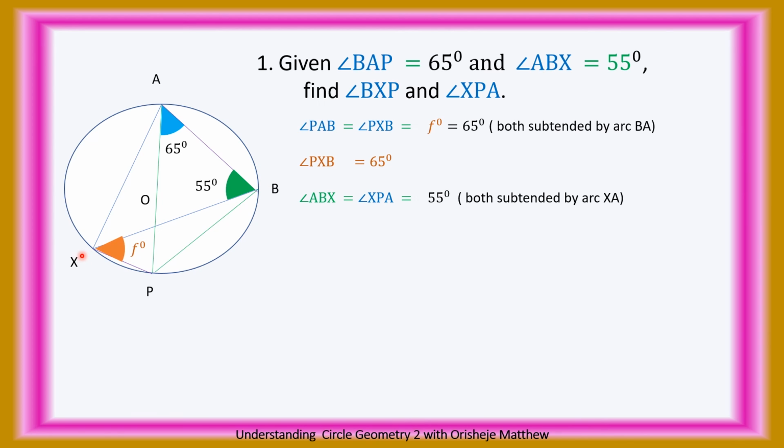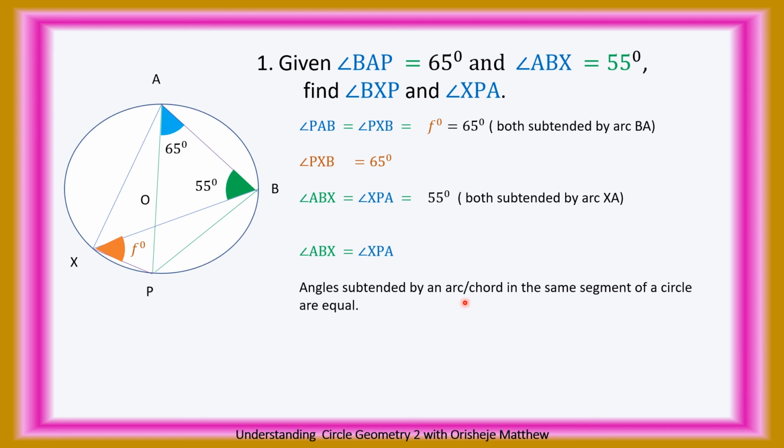Then if you track it again, which other line takes its origin here? Take here, then come here. So angle APX or SPA is equal to that, so 55 degrees. So you have gotten that. Both of them are angles subtended by an arc in the same segment of a circle, and they are equal.